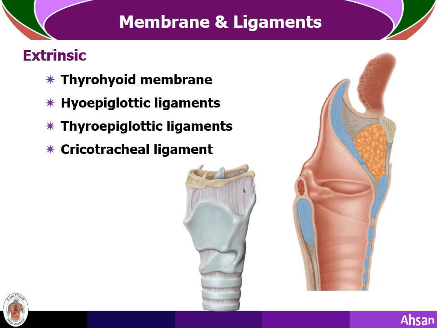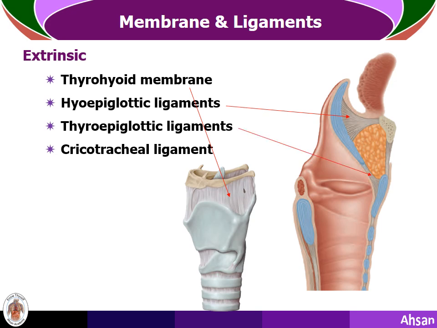The first membrane, a larger membrane, lies between the thyroid cartilage and hyoid bone: the thyrohyoid membrane. Its anterior medial part is thickened and often known as the thyrohyoid ligament. The anterior surface of the epiglottis, mostly the median part, is connected with the hyoid bone through the hyoepiglottic ligament.